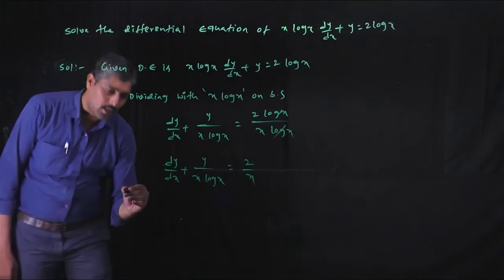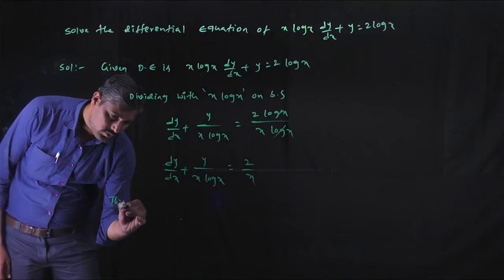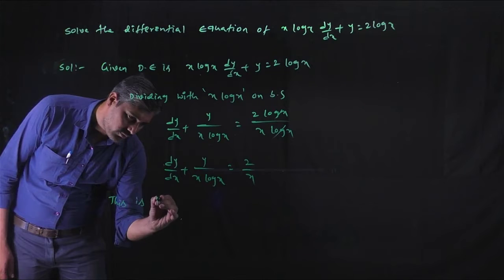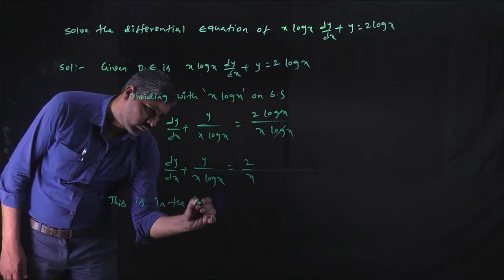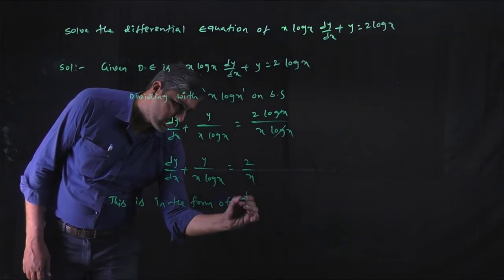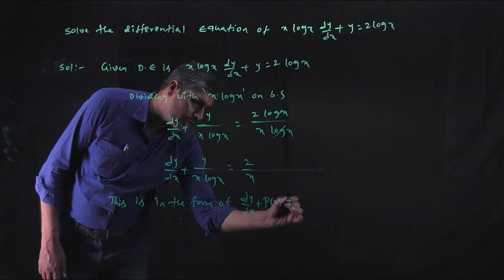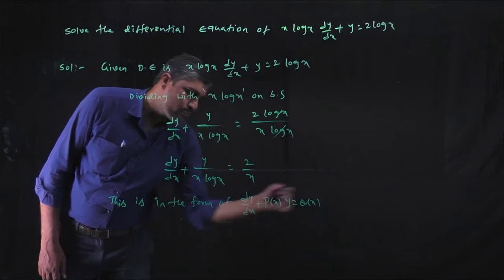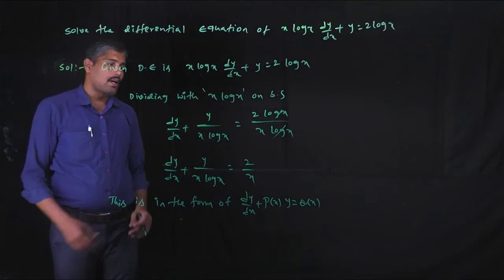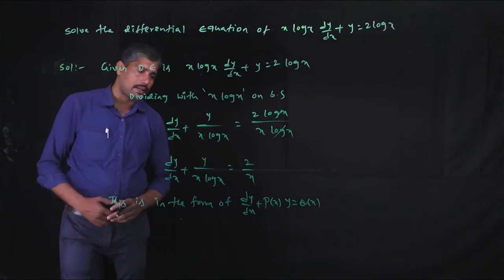This is in the form of dy by dx plus p of x into y equal to q of x.